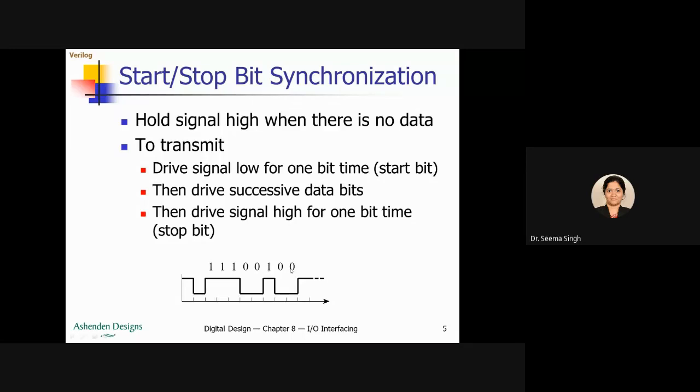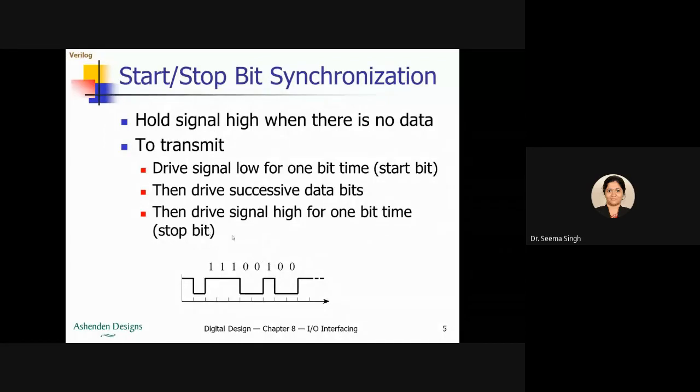After that, the signal will be driven high again.